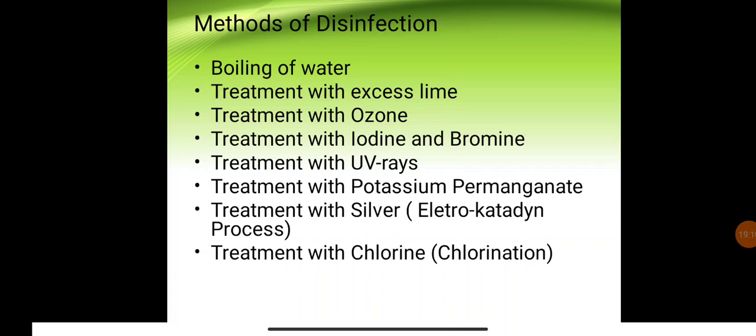Then what is the disinfection action of chlorine? When chlorine, Cl2, is added to water, H2O, it forms hypochlorous acid and hypochlorite ions, which have an immediate effect on the microorganisms.